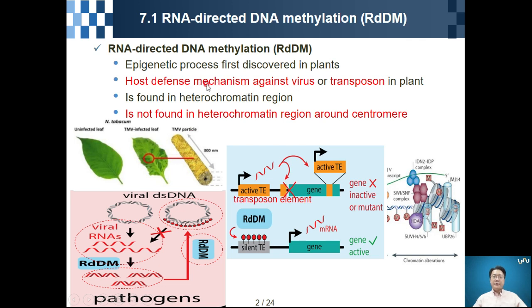How about the host defense mechanism against the transposon? This is one example. Plants have lost active transposon elements. Usually a transposon element is transcribed after it is randomly inserted into our gene of interest.